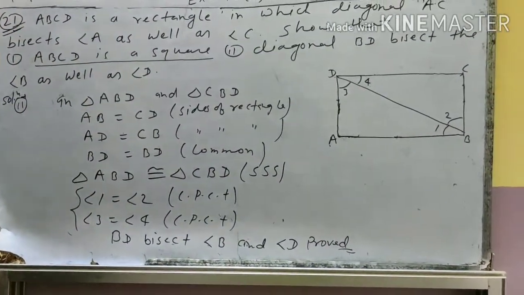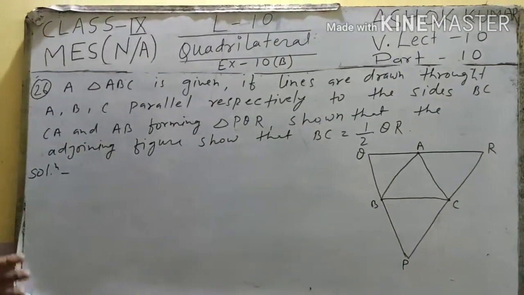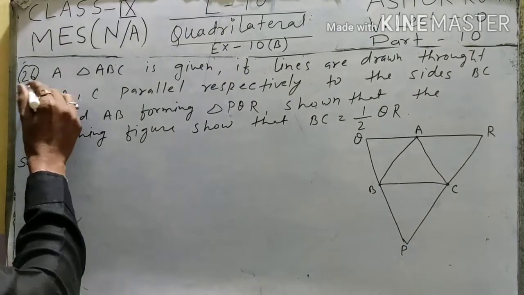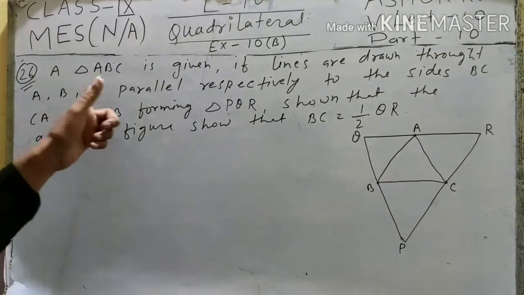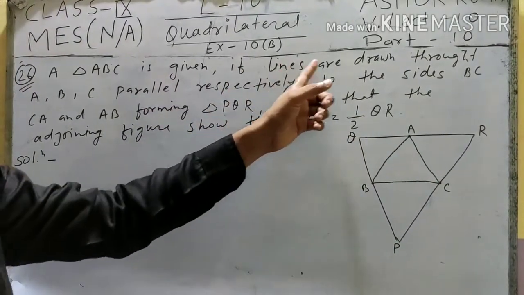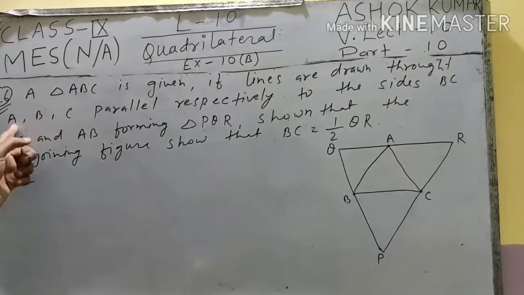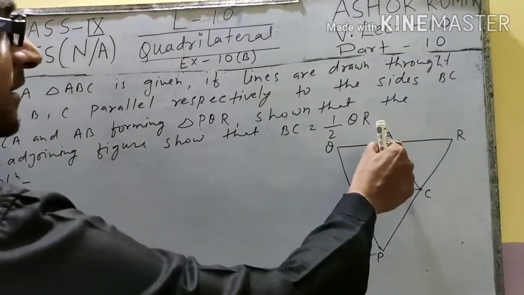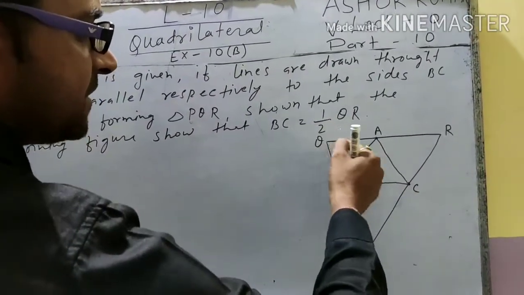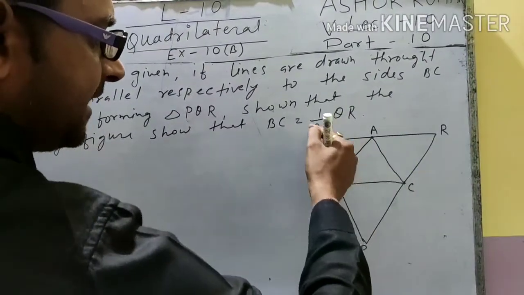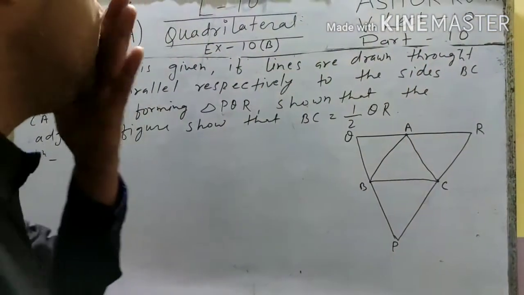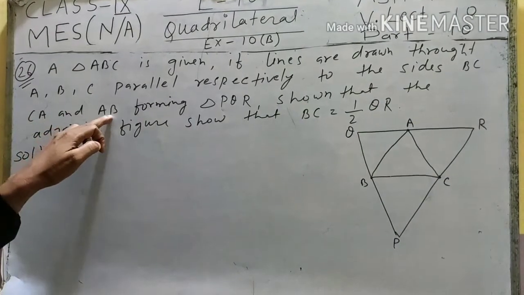The next question is here student, question number 26. A triangle ABC is given. If lines are drawn through the points A, B and C respectively parallel to the sides BC, CA and AB.